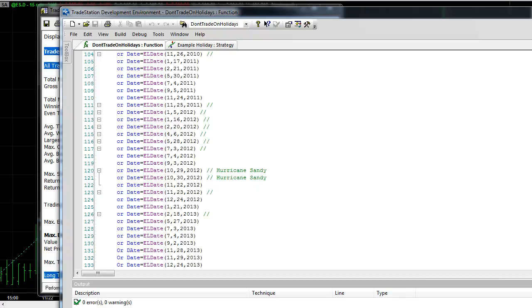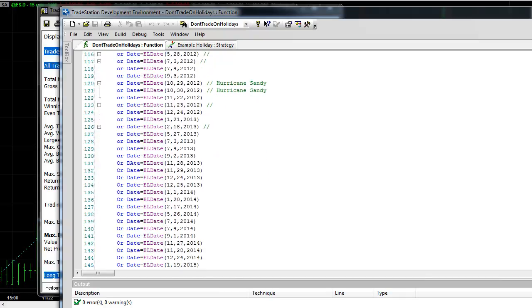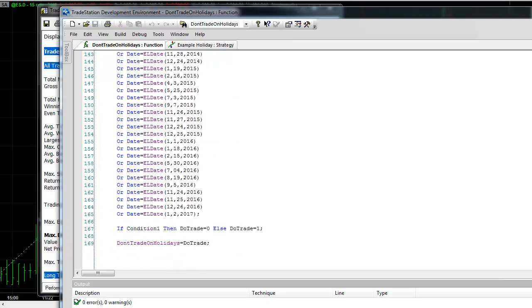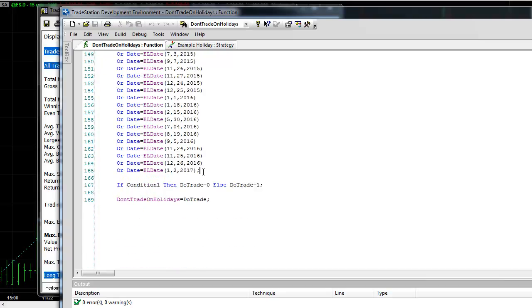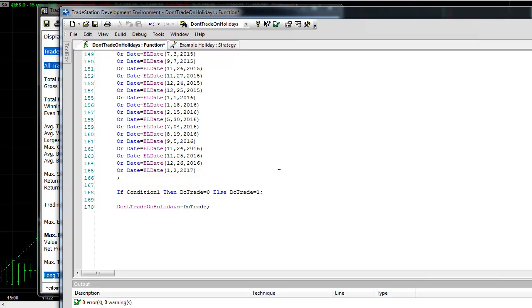Sometimes when the stock market is closed, the futures markets trade, and so you'll still get data on your data feed. And you can simply add dates, and so we added dates, or date equals EL date, and then you just put the date in there. It's real easy to add. You have to take this semicolon, and you have to say or date equals EL date.